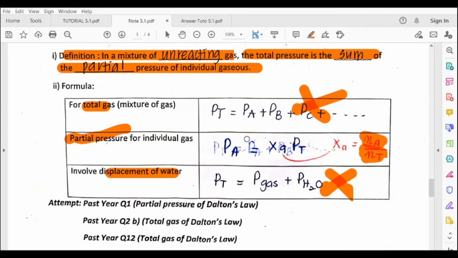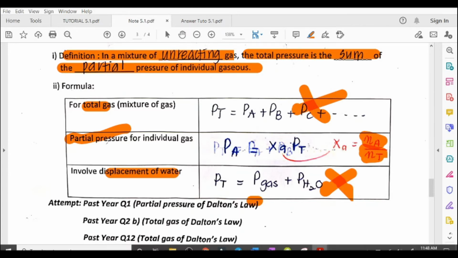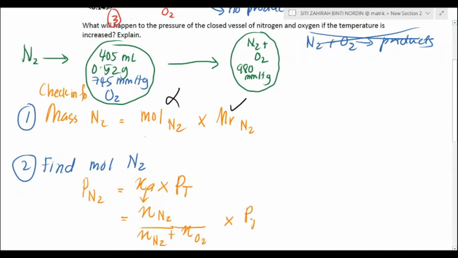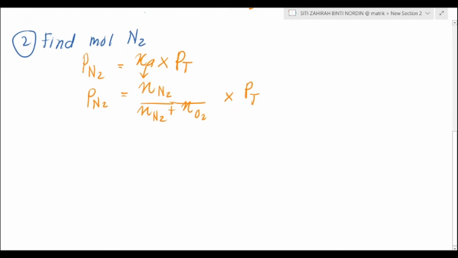So we need to use the second formula, where the partial pressure for nitrogen gas is equal to the mole fraction times the total pressure. You can elaborate this mole fraction into mole of nitrogen divided by mole of nitrogen plus mole of oxygen gas, times total pressure. So we're going to find our mole of nitrogen using this equation.